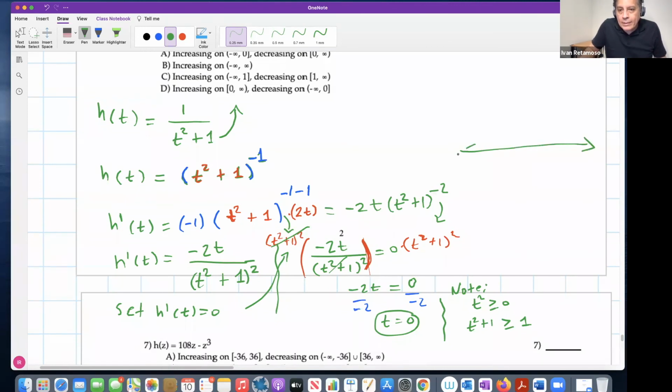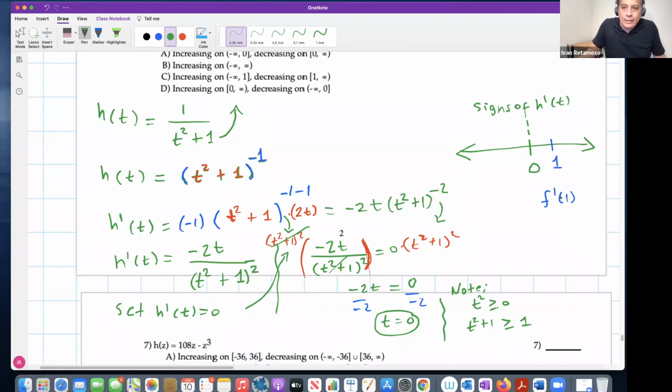So we set our critical point here in the middle. This will determine these two subintervals. We choose test points cleverly. I'm going to choose test point 1, and you evaluate your derivative at 1. This is all about figuring out the signs of your derivative, h prime of t.